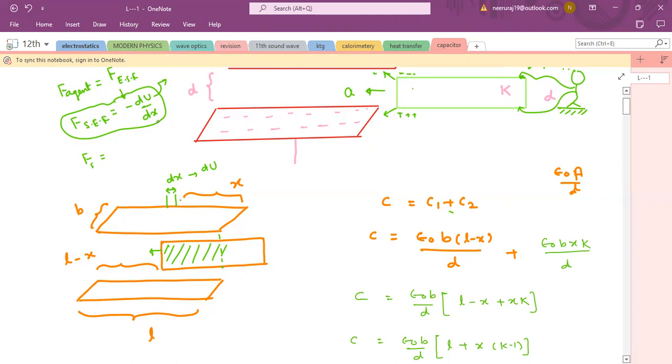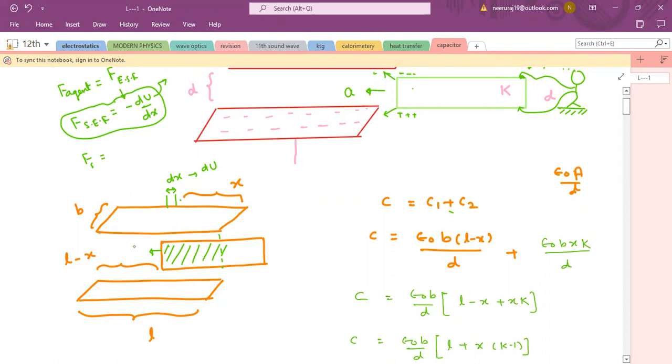To find this potential energy as a function of x, how do I solve this? Suppose x part of the slab is inside this capacitor. So you get two capacitors.